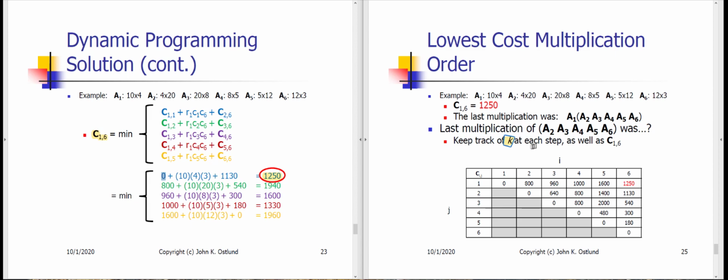But you have to add to your code the memory of the best ends of the prefixes and suffixes in order to figure out what that parenthesization, what that association of those 5 matrices needs to be. So guess what? You will have to do that.